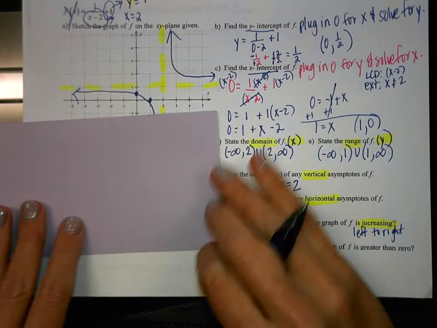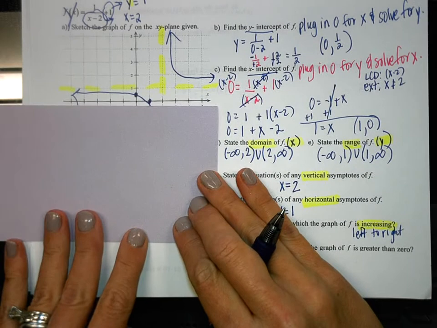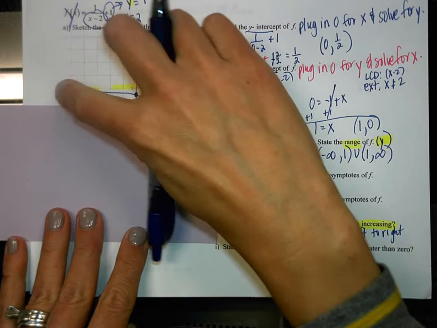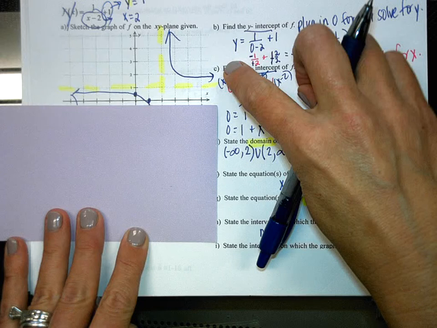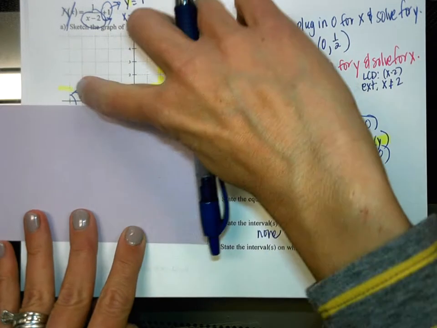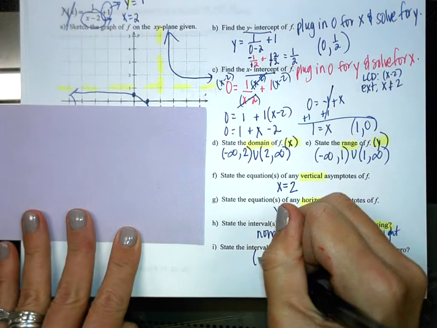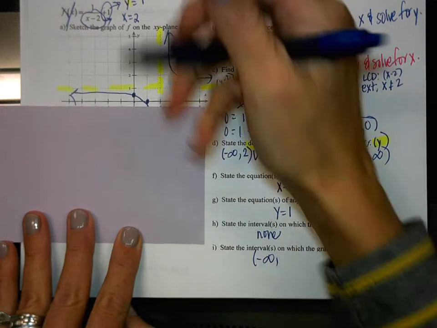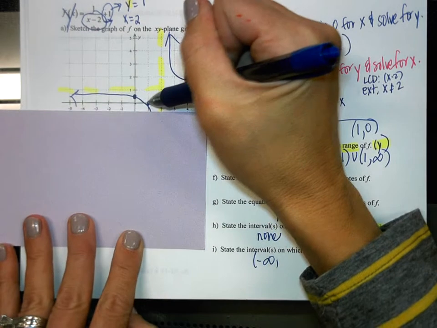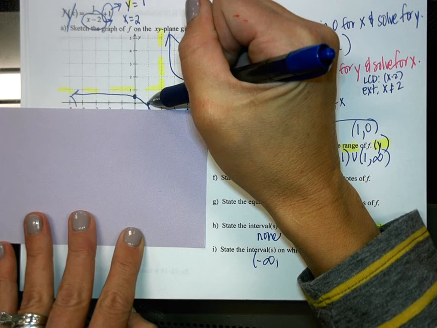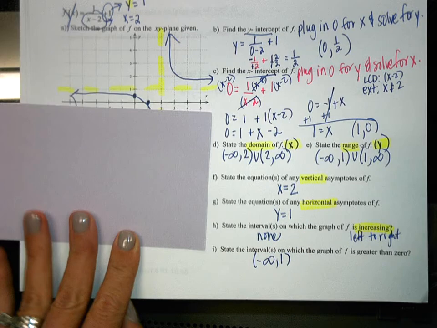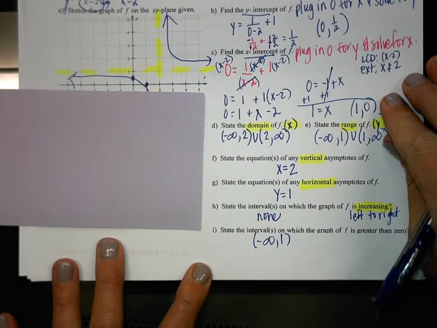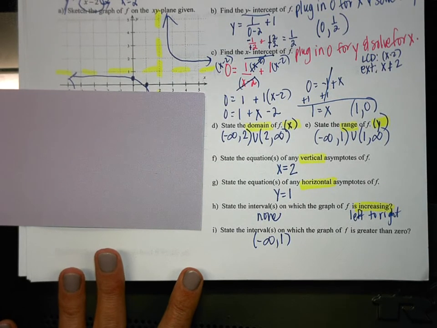Next, state the intervals on the graph of which it's greater than 0. So if I go here, I'm going to mark at the line of 0. Do you see how it's greater than 0 here and here? So we need to write that. It starts at negative infinity. It's greater than 0 at negative infinity all the way until you hit this point. Where is that point at? 1. Now, we just use parentheses because it's saying where is it greater than 0?